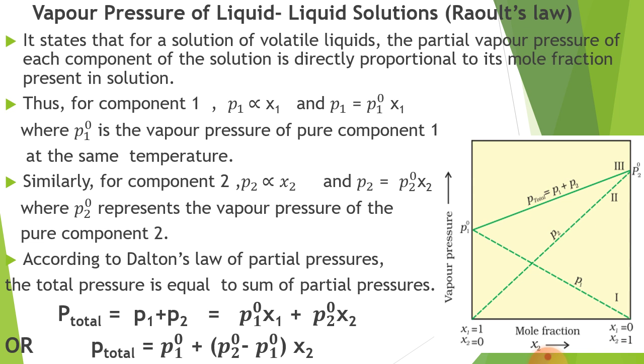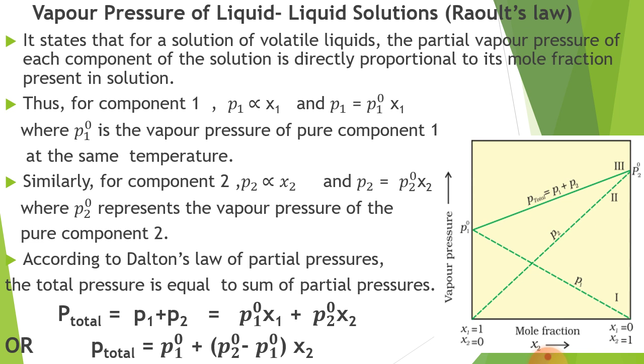Now P01 is the vapor pressure of pure component 1 when no solute is added to it at the same temperature. Similarly, for component 2, P2 is directly proportional to X2 and P2 equals P02 X2. Here P2 is the partial pressure of component 2 and P02 represents the vapor pressure of pure component 2 when no solute is added to it.